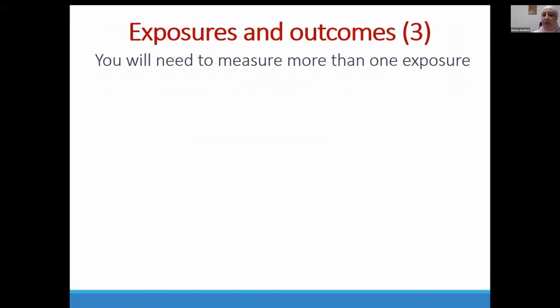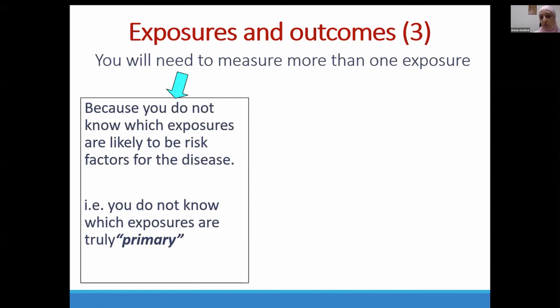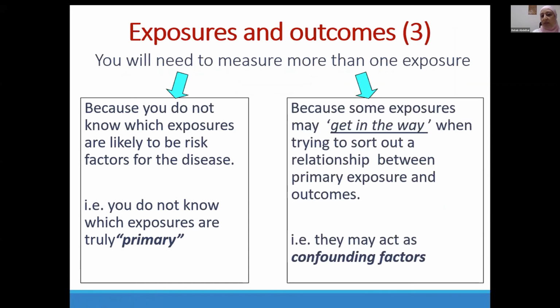Now, for exposures and outcomes, you have to be aware that you will need to measure more than one exposure because you don't know which exposures are likely to be risk factors for the disease. You don't know which exposures are the truly primary exposures, and some exposures may get in the way while you're trying to sort out this relationship, and these are called potential confounding factors.